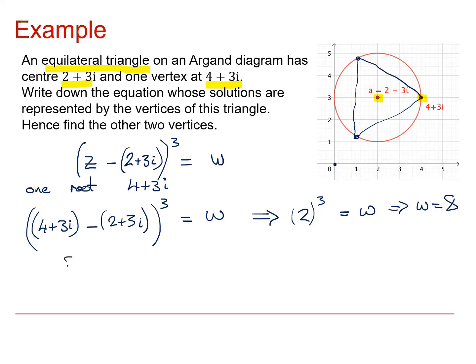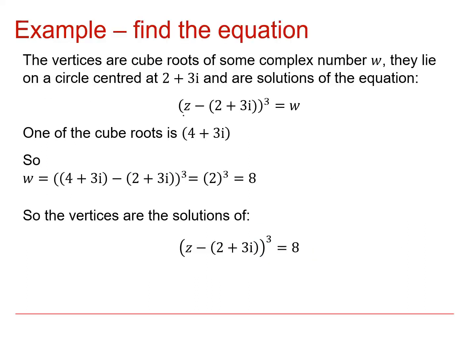And so the equation I require is (z minus (2 plus 3i)) all cubed is equal to 8. There's my original statement that it's going to be an equation in that form.